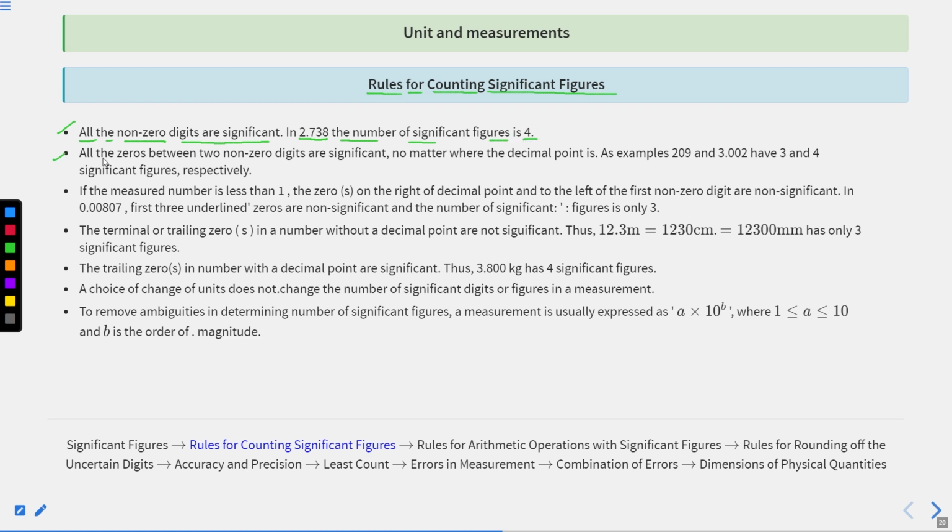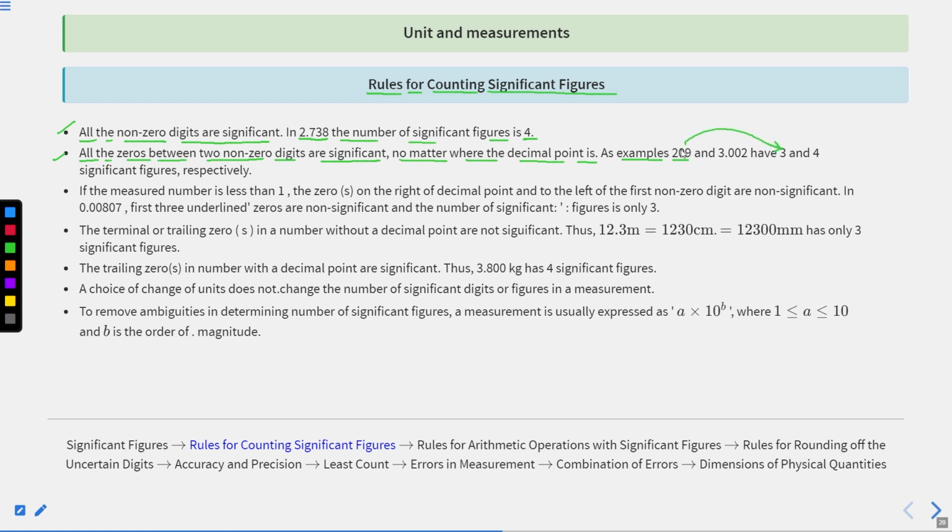Second is, all the zeros between two non-zero digits are significant, no matter where the decimal point is, such as in the examples 209 and 3.004.